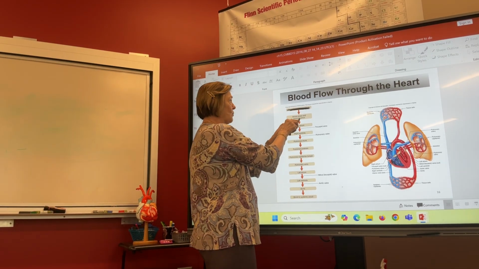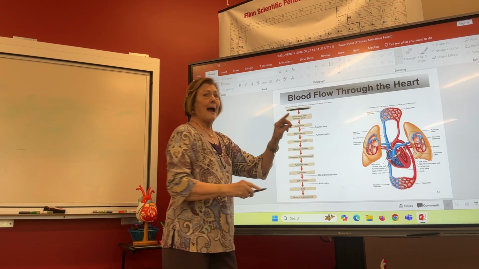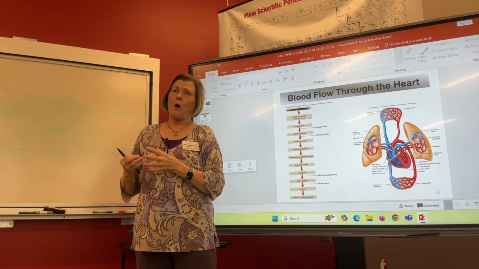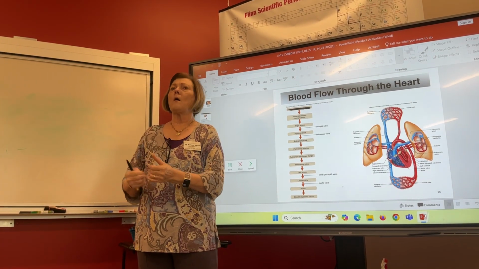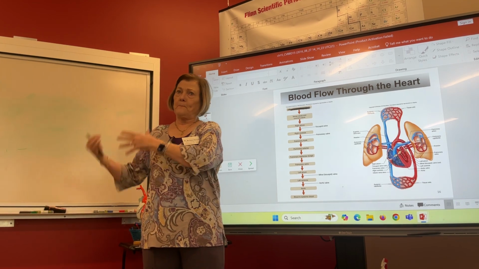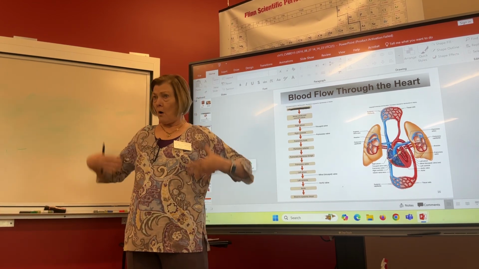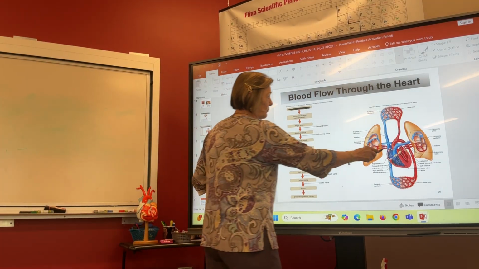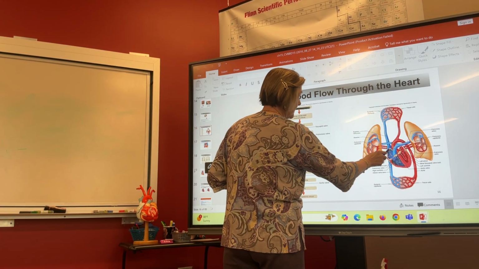Here, what I want you to do: there are actually 3 structures that bring oxygen-poor blood back from all over your body into the right atrium, which would be right here.